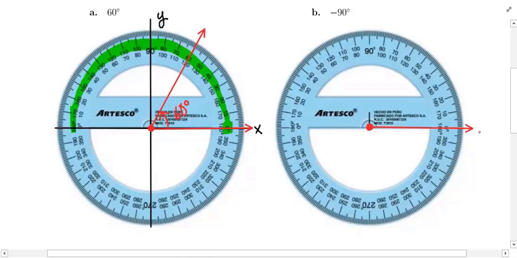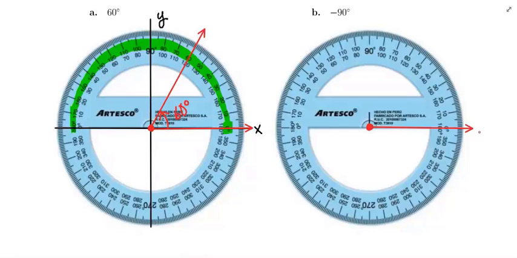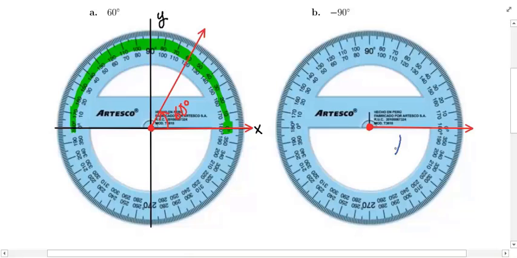There's the initial side. Since we are dealing with a negative angle, the rotation is now going to be in the clockwise direction, so we are going to rotate in the downward direction. Again, for this particular protractor, the outer numbers are the way to go.